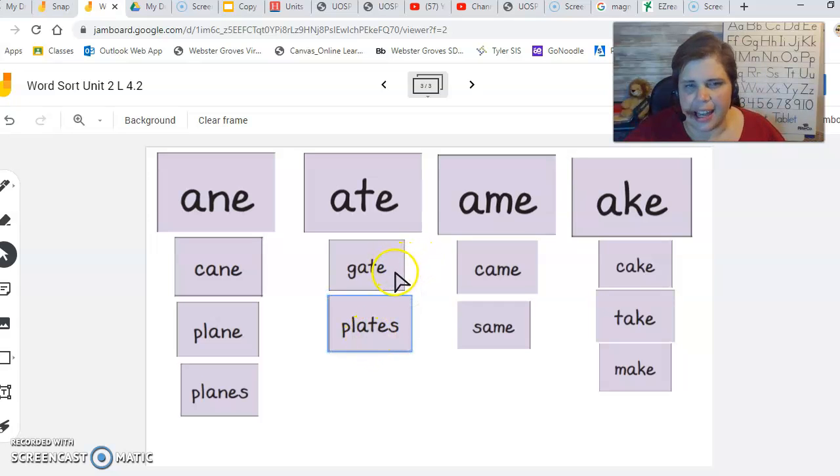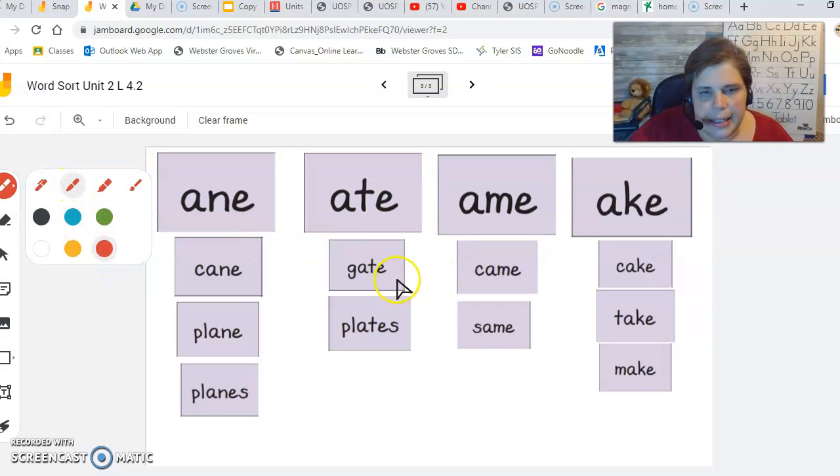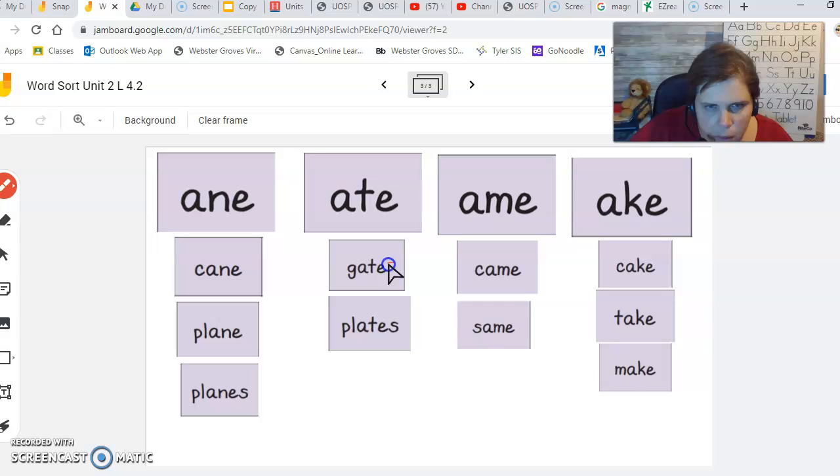So if we added an S, I wonder if it'll let me do that. Let's try it. I'm learning so much about Jamboard. All right, let's see if it'll let me. Writing is so hard on the screen, but it did. It let me. All right, if I just added an S onto the end of gate, I've made gates, just like plates. All right, you did a wonderful job.